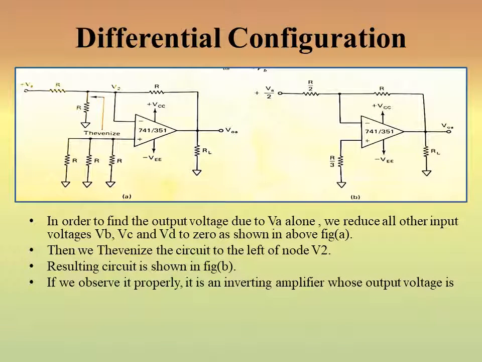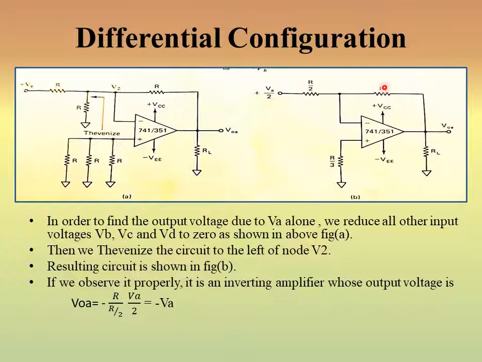If we observe it properly, it is an inverting amplifier whose output voltage is VOA. Now what is VOA? VOA is simply the gain of the circuit times the input voltage. Here the gain of the circuit will be, this is RF and this is R1. So the gain of the voltage is minus RF upon R1.